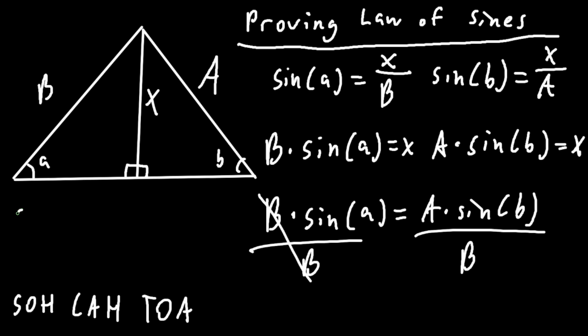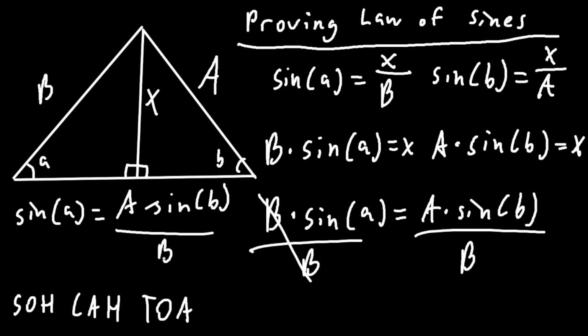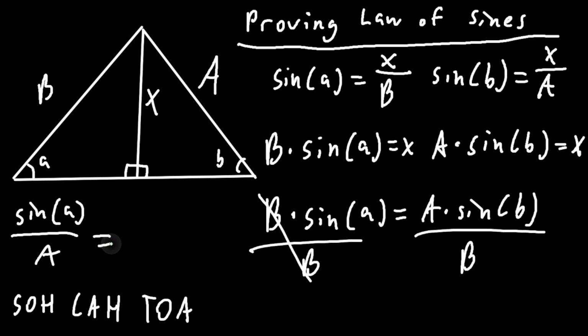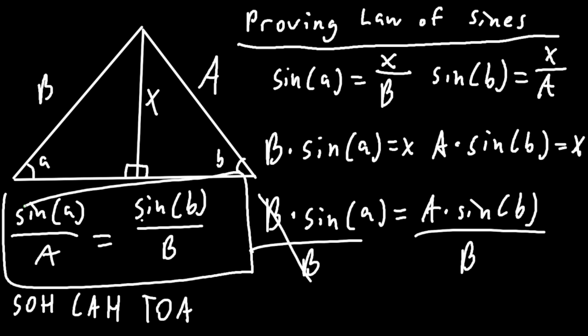Now I end up with the sine of A is equal to A times the sine of B divided by B. Now I'm going to divide all of this by A. These A's are going to cancel out, and then I'm going to divide that side by A. So this looks kind of messy, but I end up with the sine of A divided by A is equal to the sine of B over side length B. And here we go. This is the law of sines.